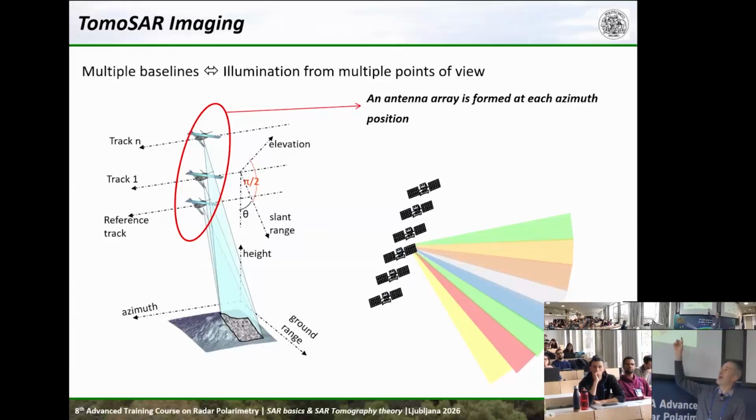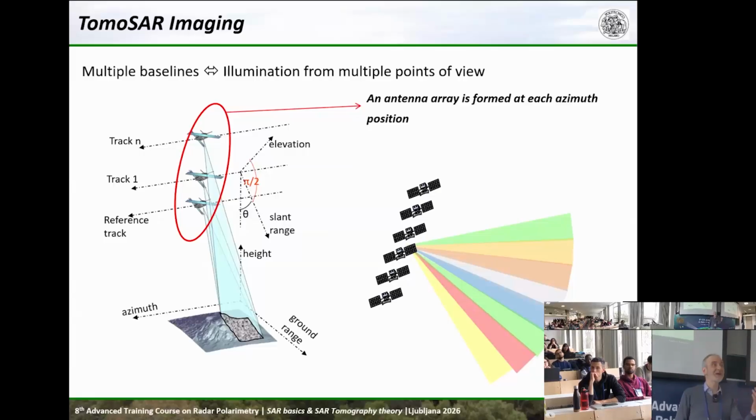Now, if you fly multiple orbits in this way, this is equivalent to having, for each fixed along-track coordinate, an array of antennas. In this case, it is an array of satellites. Amazing, eh?